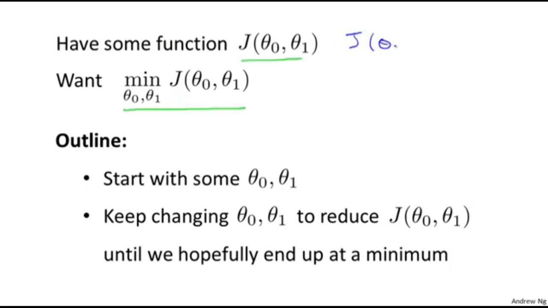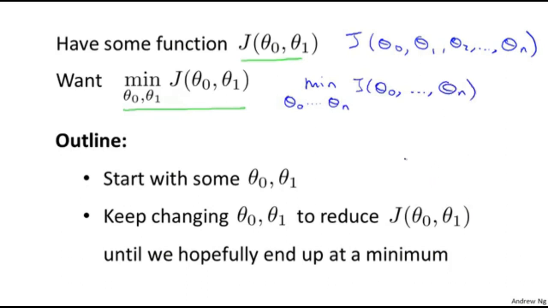Imagine you have a function J of theta 0, theta 1, theta 2, up to some theta n, and you want to minimize over theta 0 up to theta n of this J of theta 0 up to theta n. It turns out gradient descent is an algorithm for solving this more general problem, but for the sake of brevity, for the sake of succinctness of notation, I'm just going to pretend I have only two parameters throughout the rest of this video.